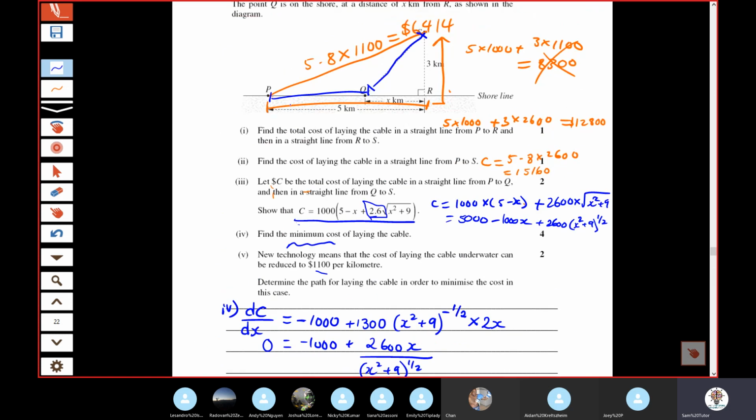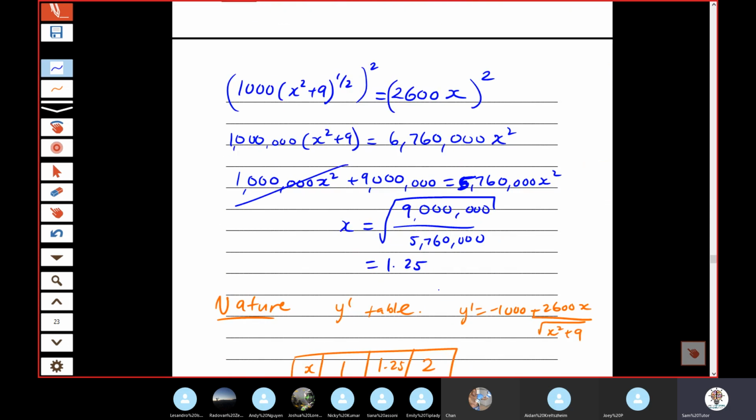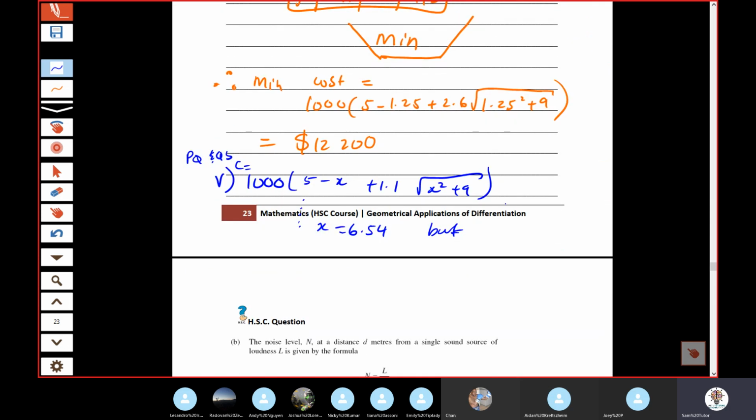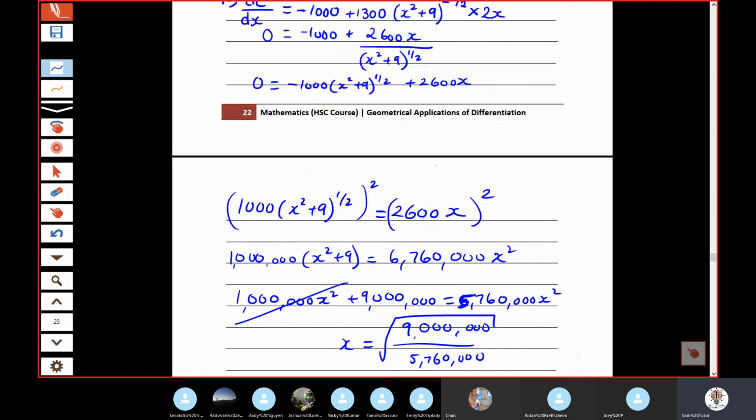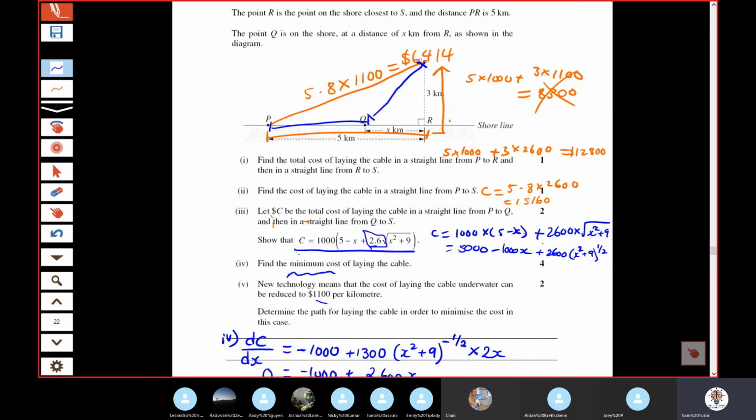What's the maximum distance you had from P to R? 5. So since that will never occur, x is less than 5. Cheapest path is PS, the one we found above. Make sense? The one we found above. Because PQ to QS doesn't work.